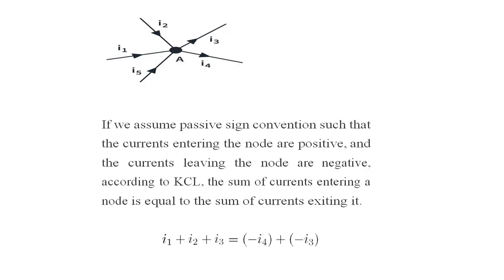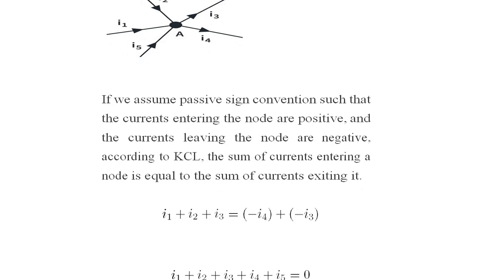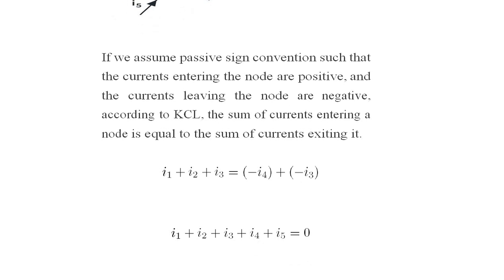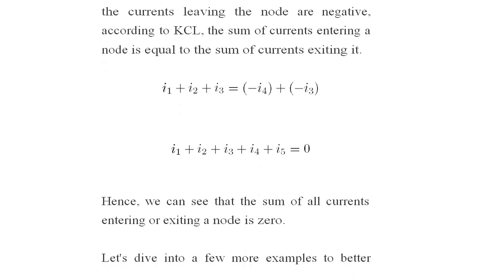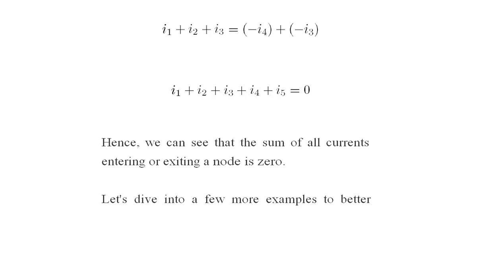So when we add the algebraic sum of currents entering and leaving the node at point A, it is equal to 0: I1 plus I2 plus I3 plus I4 plus I5. Hence we can see that the sum of currents entering and exiting a node is equal to 0.